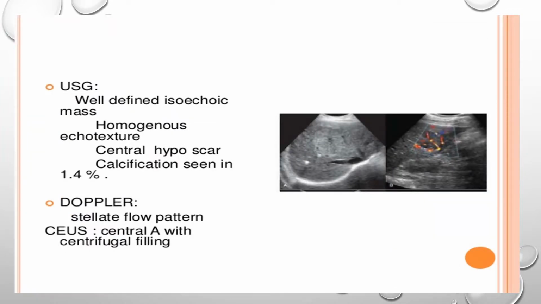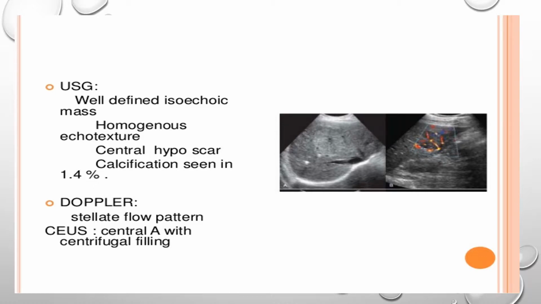On ultrasound, it's a well-defined isoechoic mass with homogeneous echo texture, and we come to the typical feature, which is a central hypoechogenic scar.